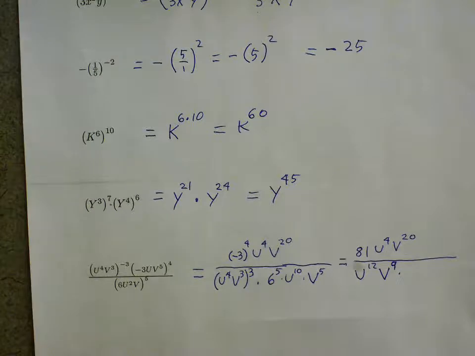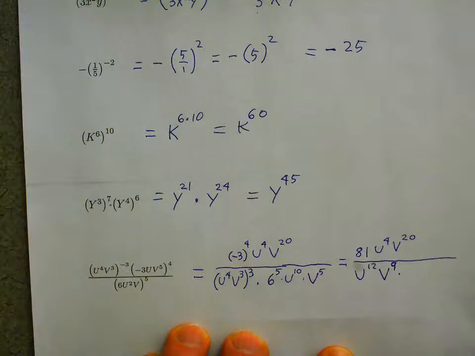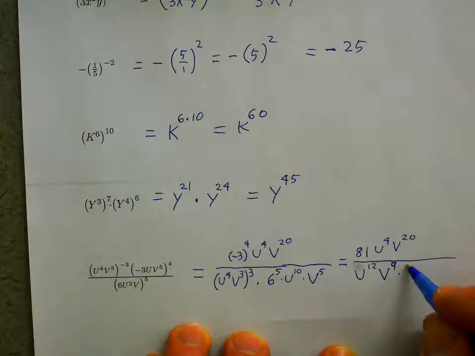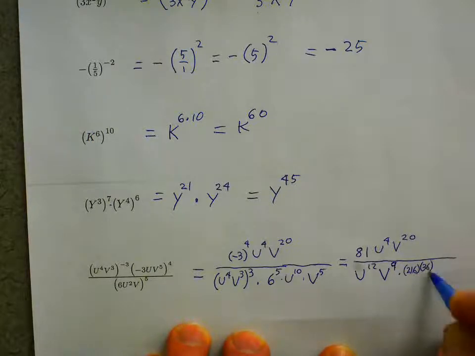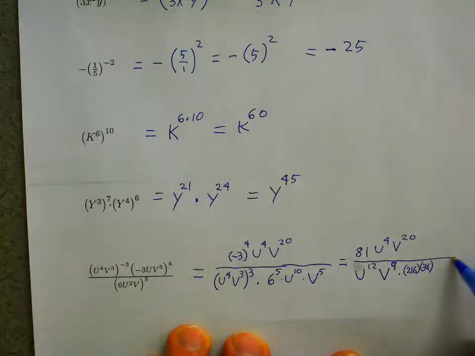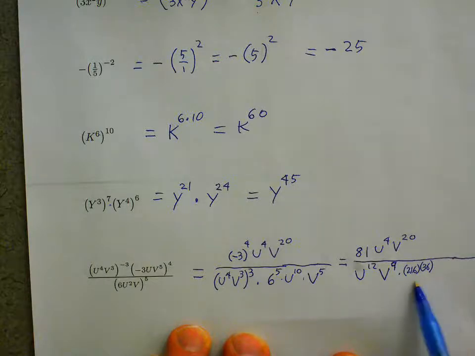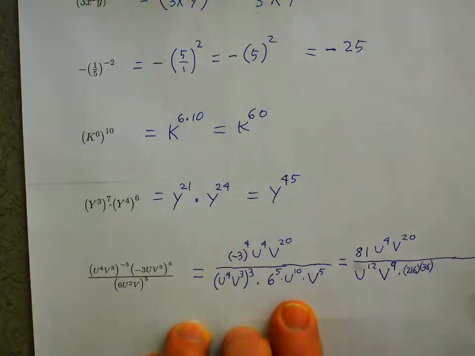And let's see, 6 to the 5th, well, I'll work on that a little bit later. I know that it's 6 to the third times 6 to the second. So I know that that's 216 times 36. So I'll get that worked out in a minute. And then u to the 10th times v to the 5th.